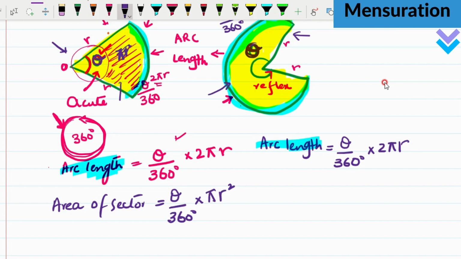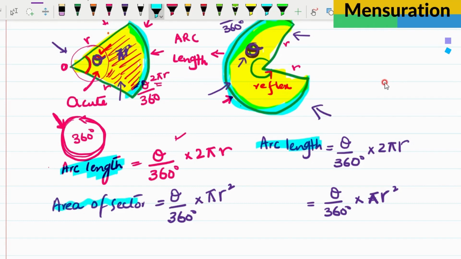Whatever the angle is given, that is theta over 360 out of the total angle, and this is how we can easily find the area of a sector. So we have to use the same formula for both shapes, Pac-Man and pizza.